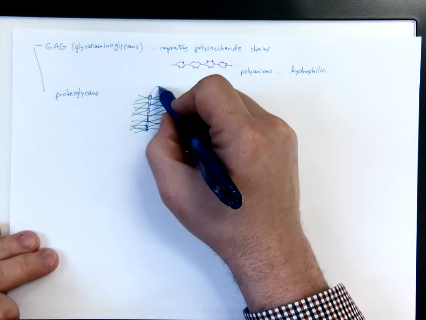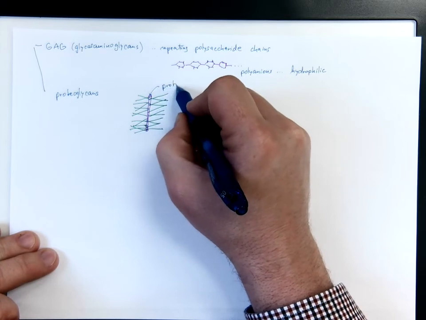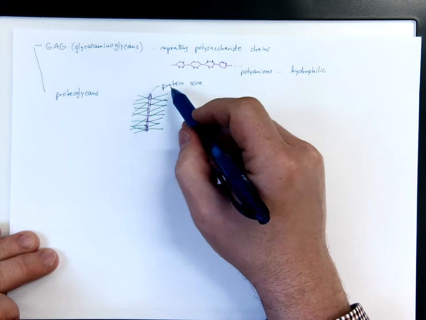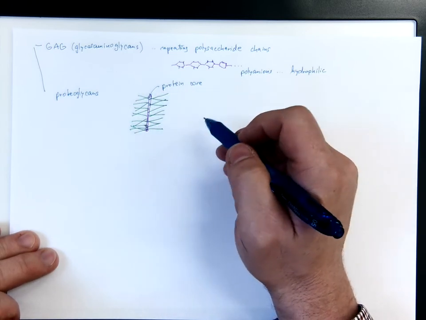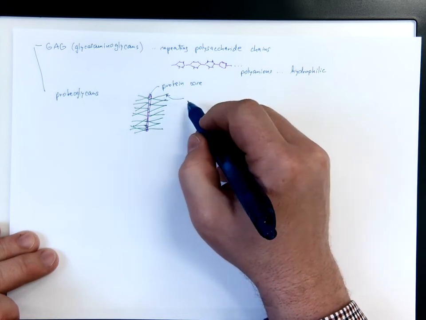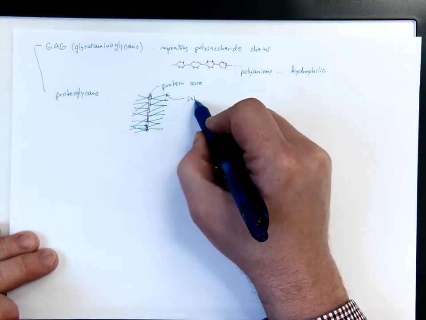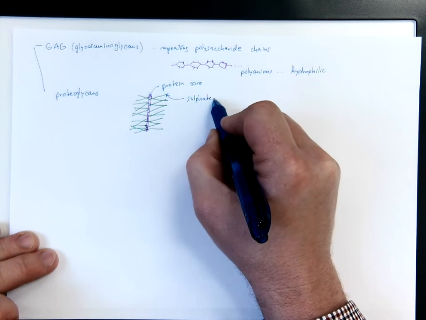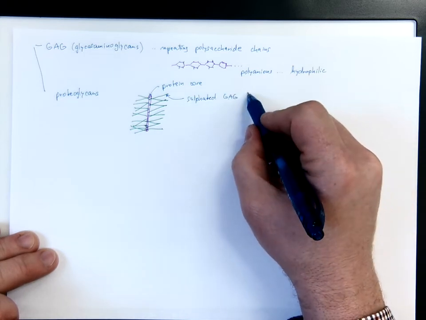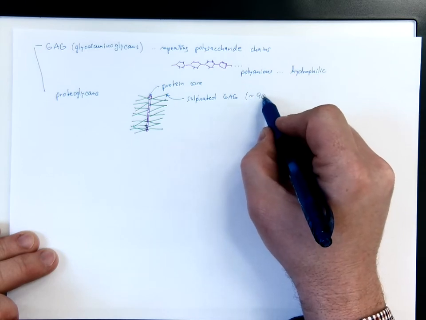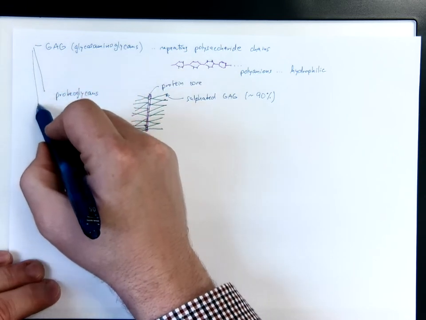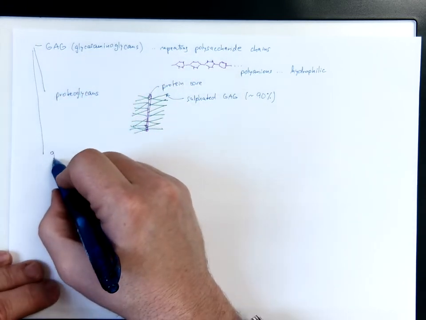So you have this protein core, but the majority of the whole molecular or supramolecular complex is made of sulfated glycosaminoglycans, approximately 90% or more, which is a different principle than in glycoproteins.